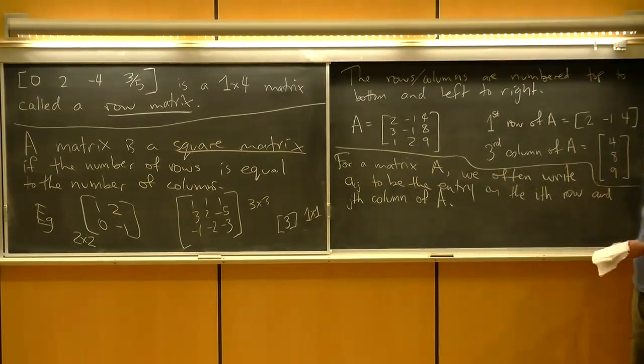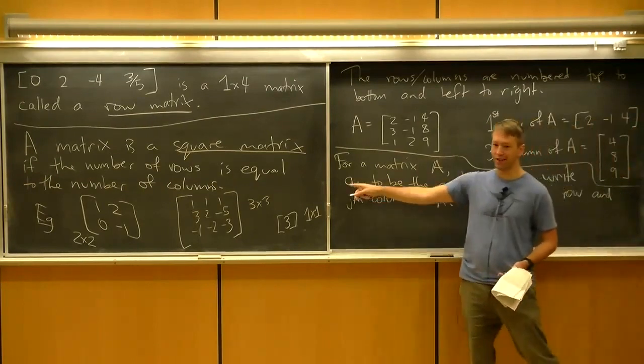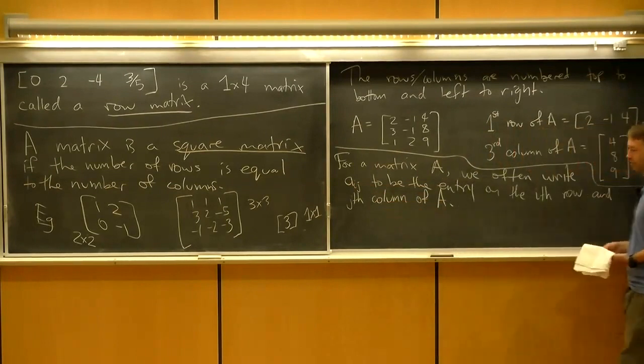And if your matrix was called B, capital B, then you might use Bij, right? And I think it'd be clear what you mean by that.